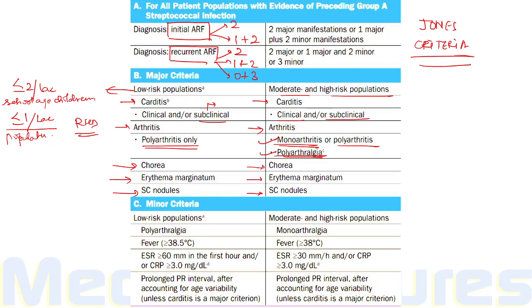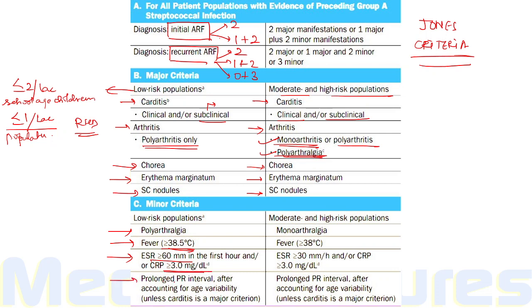Now in minor criteria for low risk populations, we have polyarthralgia. Fever should be more than or equal to 38.5 degrees centigrade. ESR should be more than or equal to 60 millimeter in the first hour, or CRP should be more than or equal to 3 milligram per deciliter.